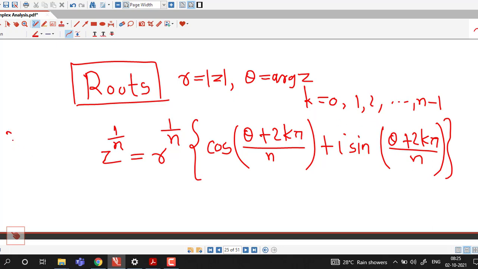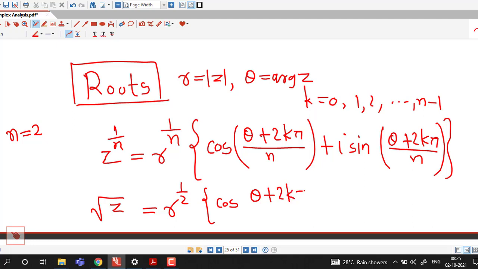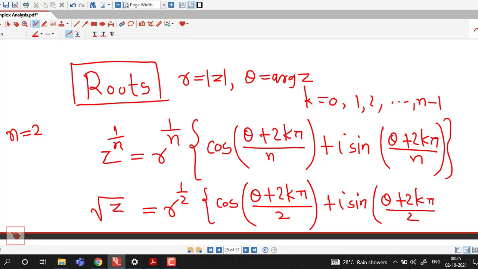So if we want to find the square root, we put n equal to 2, and we have this formula for the square root: r raised to 1 by 2, times cosine of (theta plus 2k pi) divided by 2 plus i sin of (theta plus 2k pi) divided by 2, and for k equal to 0 and 1 we obtain the two square roots of a given complex number.